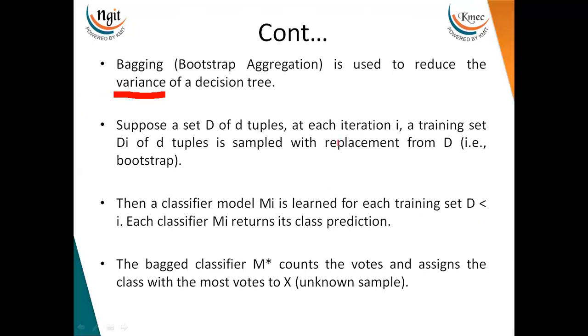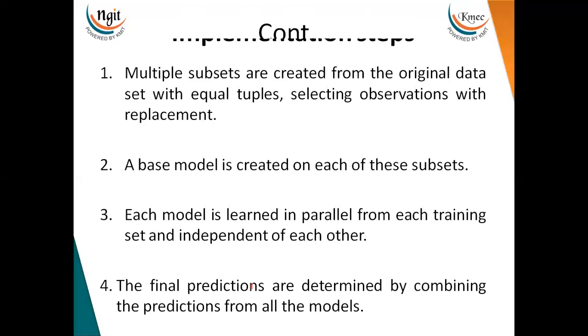Now, as I told you, your data D will be divided into subsets. Then that will be given to the model Mi. And finally, that Mi will be multiplied with the count of votes because we want to go for majority voting, and the aggregation of all the predictions is performed to get the final prediction. Now, how is your algorithm?